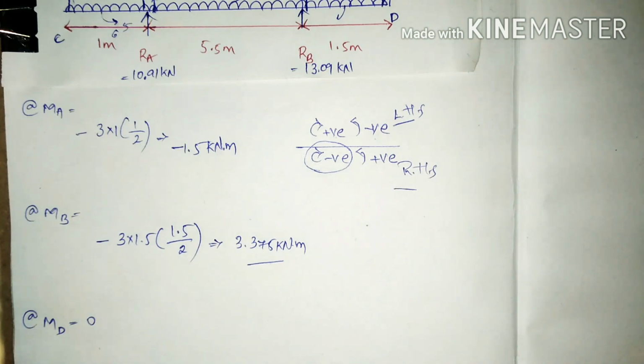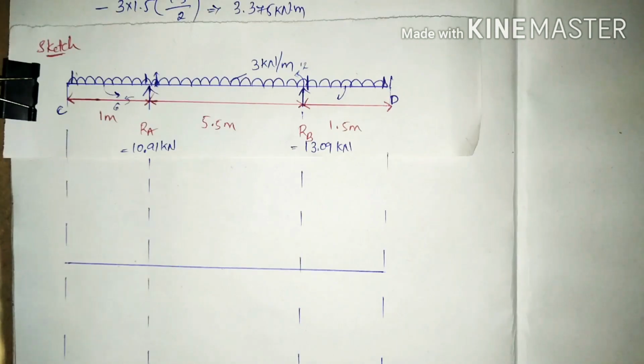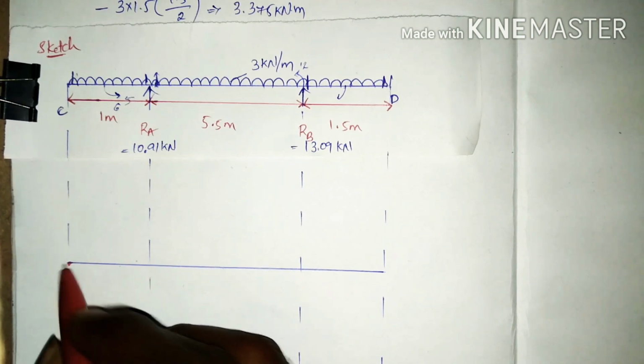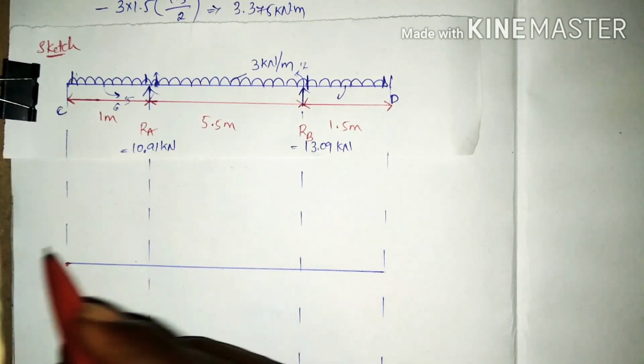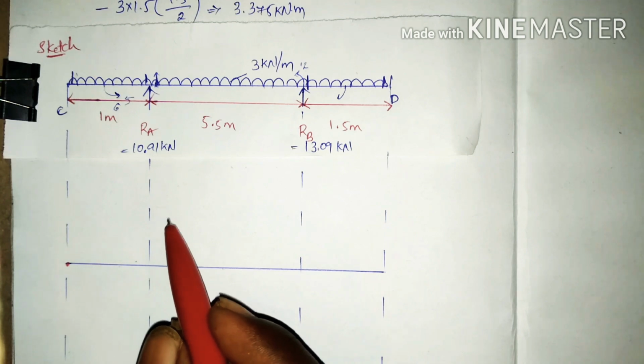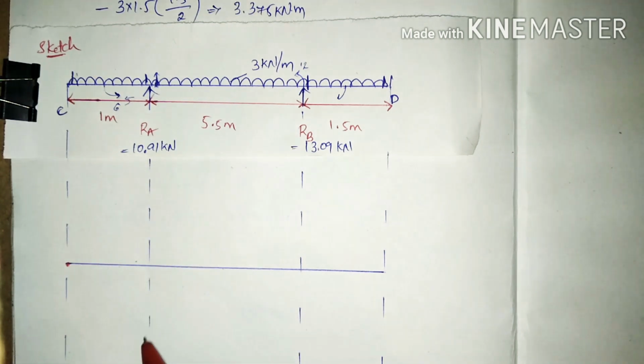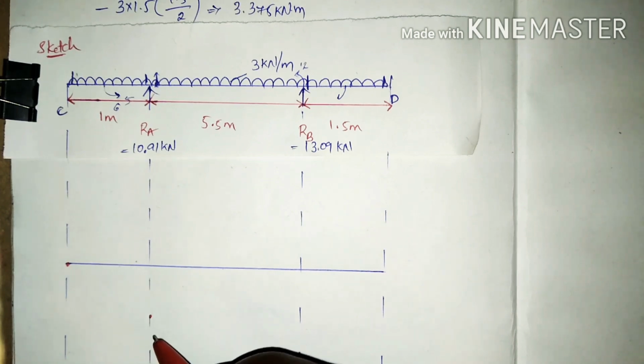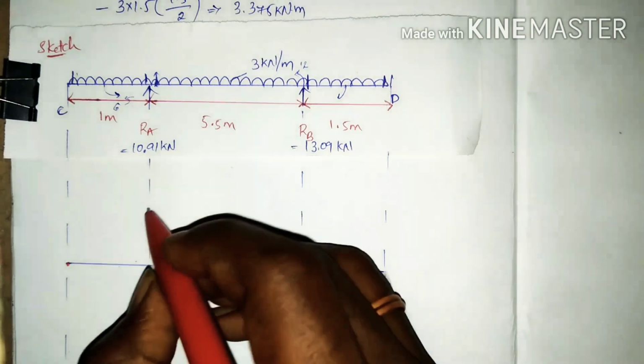Let's see the diagram. Let's start with the shear force values. For the left of the C, we are having a 0 here, and moving to the A, for the left of the A, we are having a -3, that is going to be like this, and moving on to the right, we are having a 7.91.